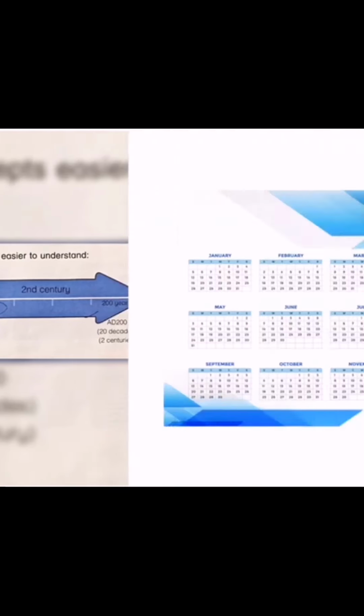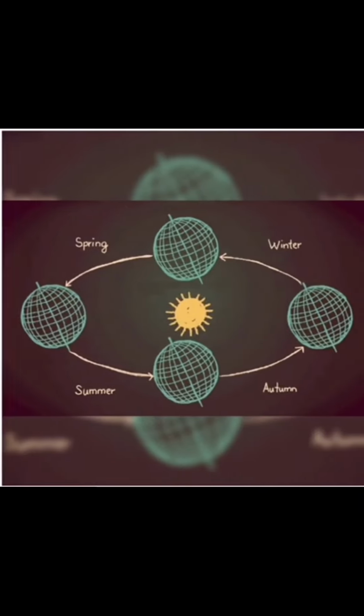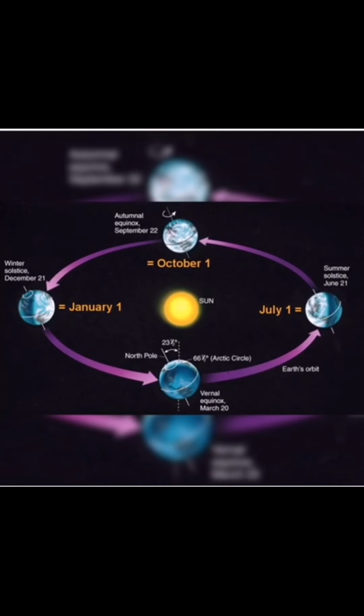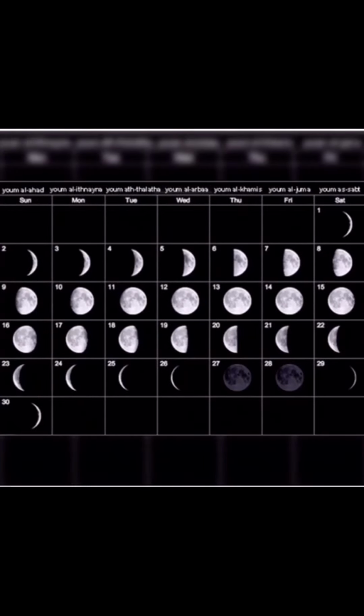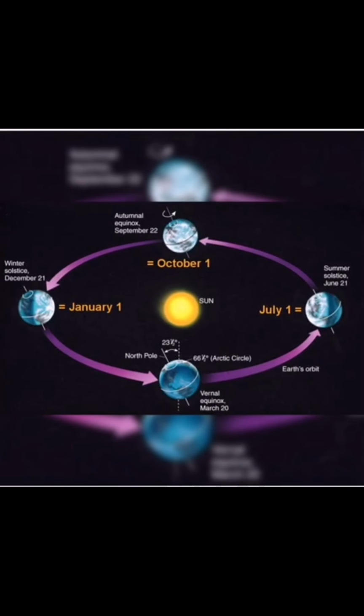Dear students, today we learned about calendars. A calendar fixes the dates for the beginning and end of the different seasons of the year. The solar calendar is used in Pakistan, and the Islamic lunar calendar is also used in Pakistan and other Muslim countries. Then we learned how the lunar and solar calendars are different.